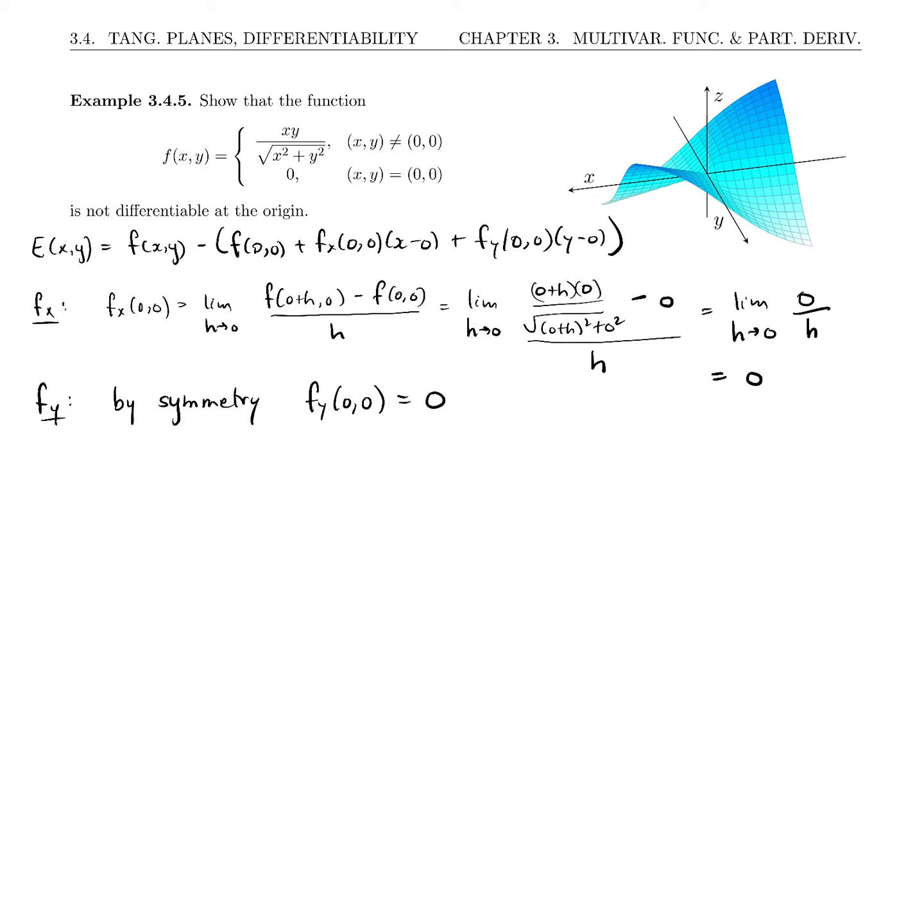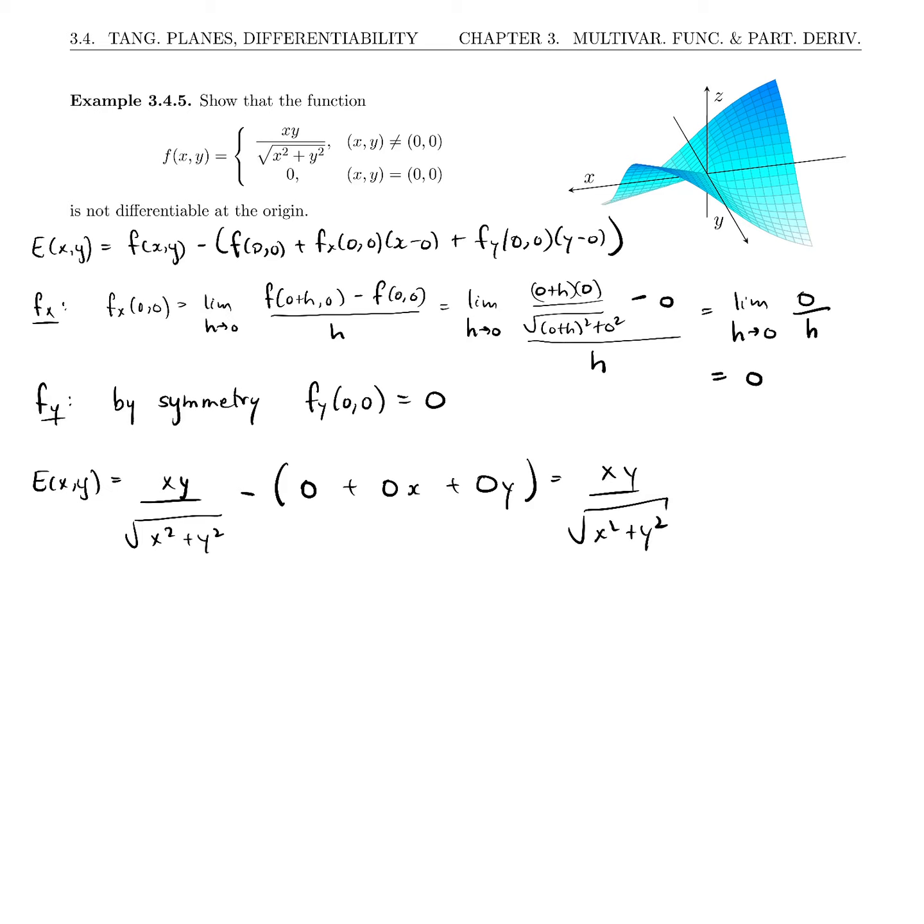So if we go back into the error, e of xy is xy over the square root of x squared plus y squared minus 0 plus 0 times x plus 0 times y, which means that our error is just e of xy equal to xy divided by the square root of x squared plus y squared.